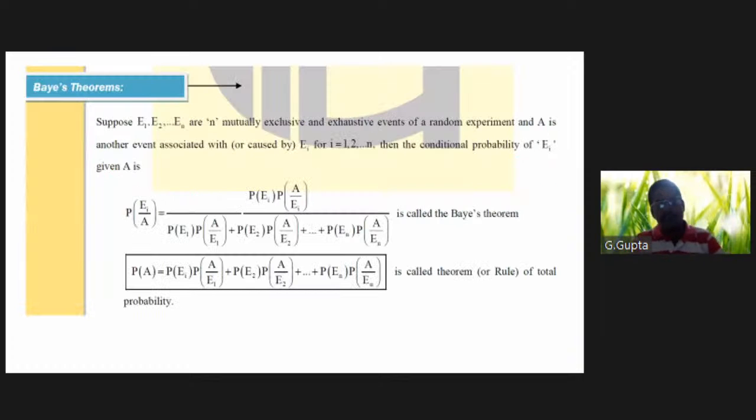Now, Bayes theorem. This is called generalized conditional probability. Bayes theorem is also called generalized conditional probability.